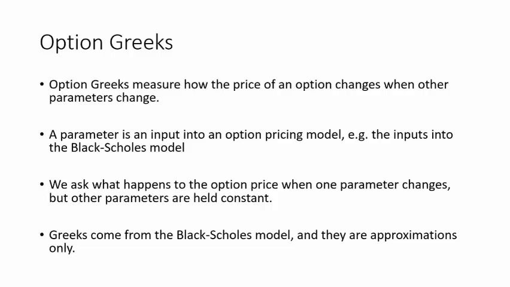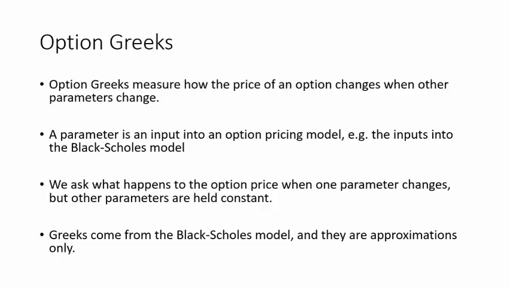Either we're changing the stock price and seeing how the option changes, or we're changing the interest rate and seeing how the option price changes, and so on. We're saying what happens to the option price if I change the stock price but keep everything else the same? Or if I change the interest rate but keep everything else the same? That's what these Greeks are telling us.